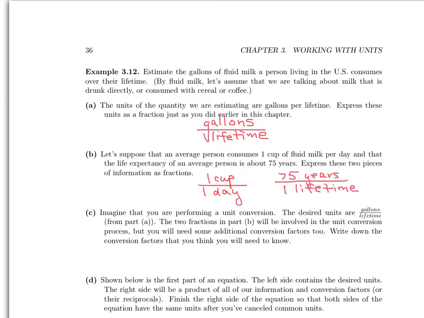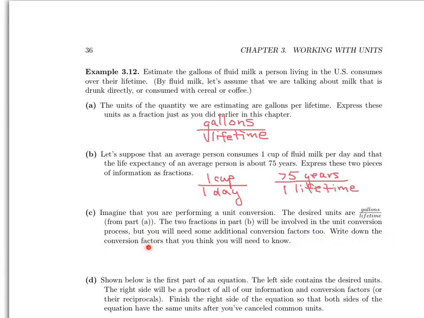Now let's go ahead and look at part C. Now imagine that you are performing a unit conversion. The desired units are gallons per lifetime. In other words, our answer in part A. The 2 fractions in part B will be involved in the unit conversion process. But you will need some additional conversion factors too.